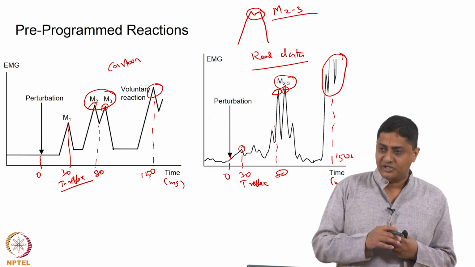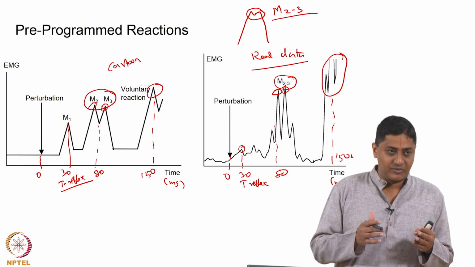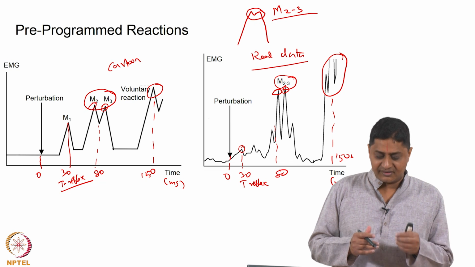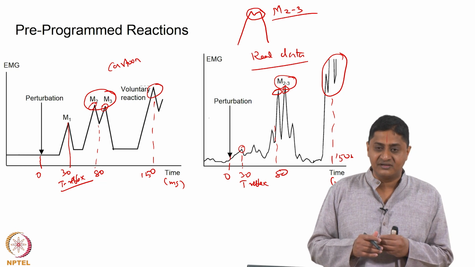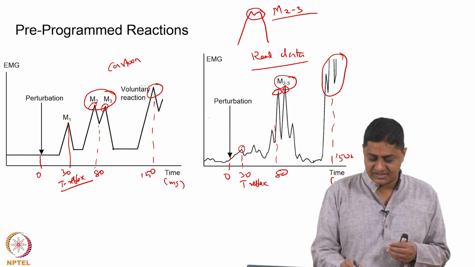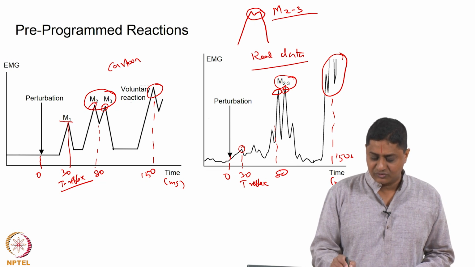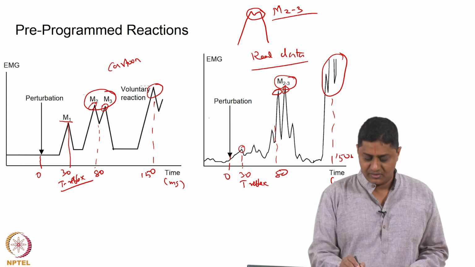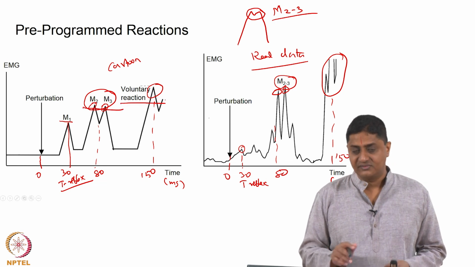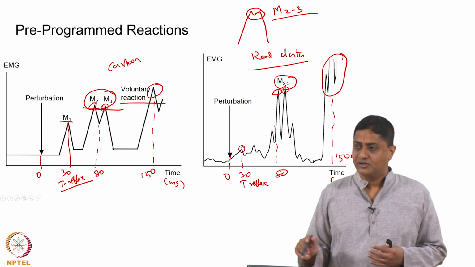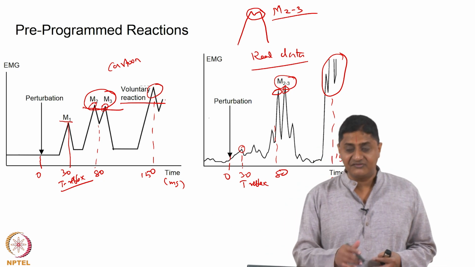You want the perturbation to be addressed properly, but yet you want to address some of these things immediately, some of these are very urgent. So those responses happen one followed by the other: first M1, then M2-3, then voluntary, in that order. Usually none of these are skipped.